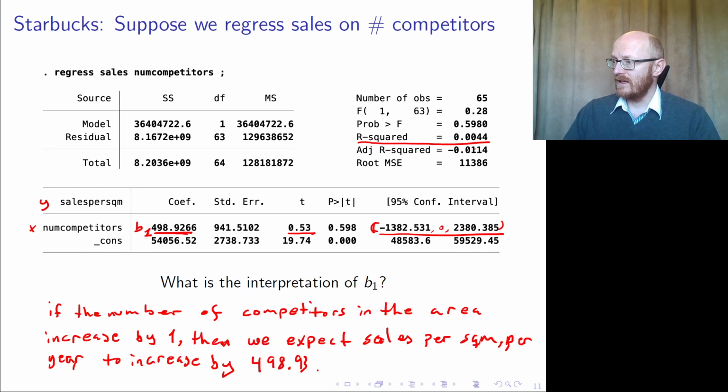And in the other simple regression, where you only have one x variable, then you could explain basically none of the variation in sales per square meter by using the number of competitors the stores are facing.